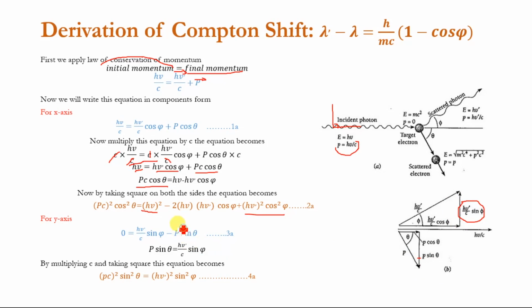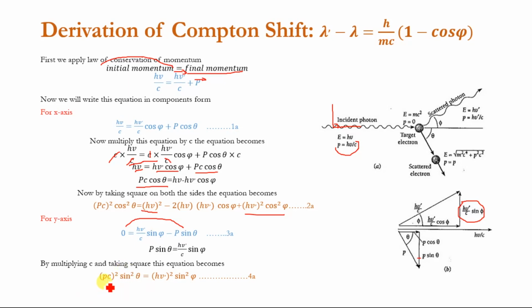Now transferring this term to the left-hand side, we get p sin θ is equal to hν'/c sin φ. We follow the same procedure we followed for the x-axis. Now we multiply both sides by c and then take the square of both sides.